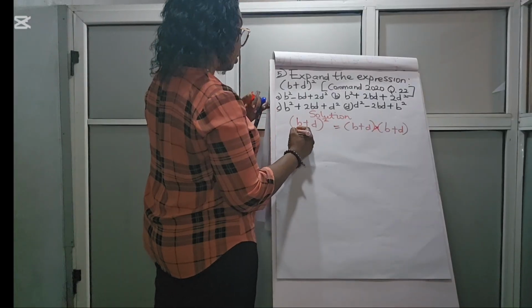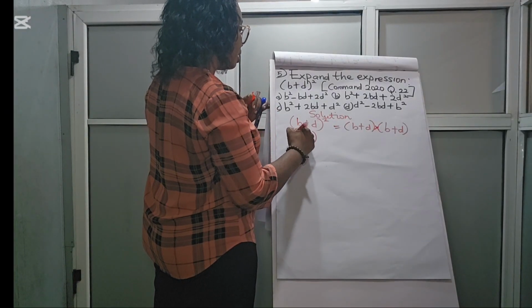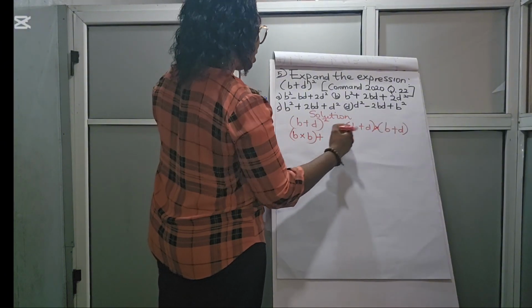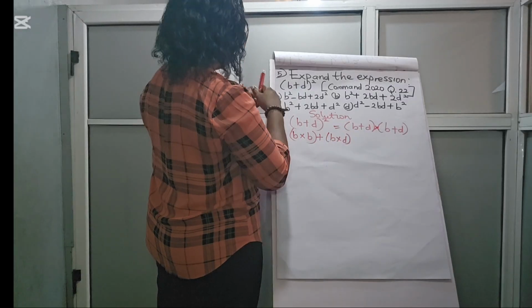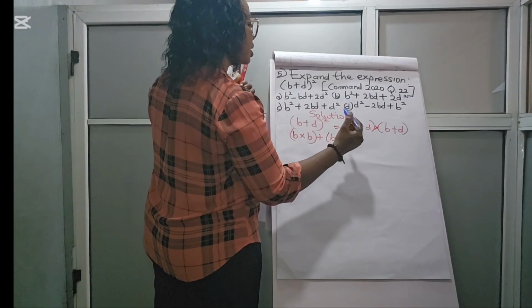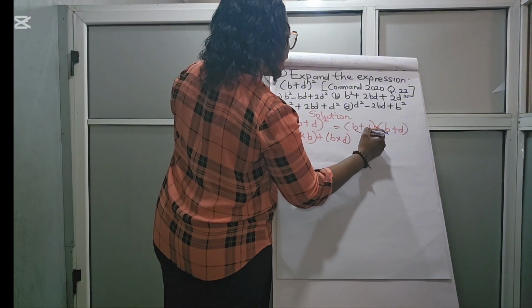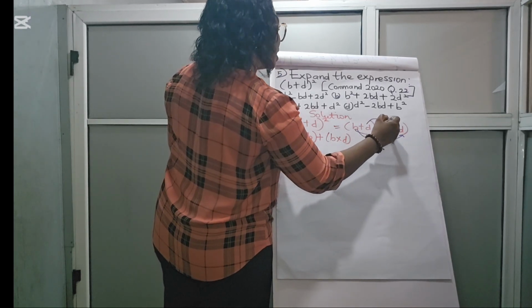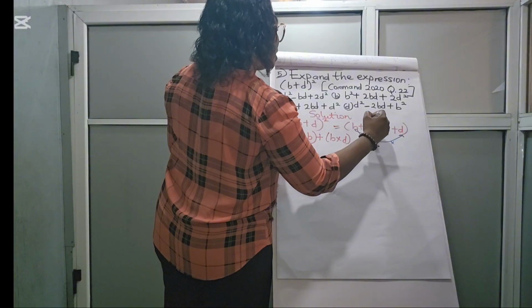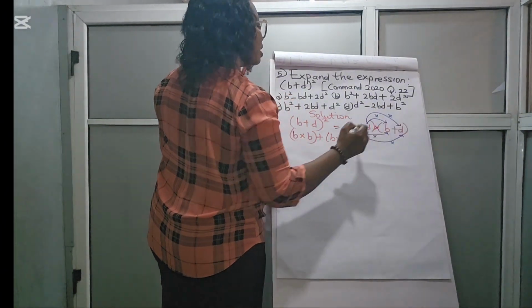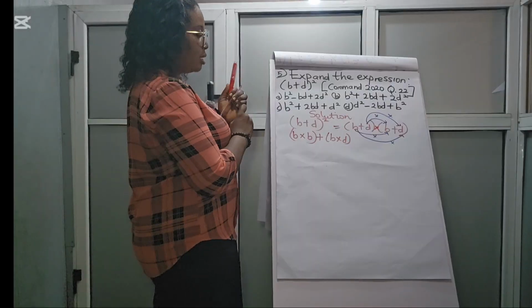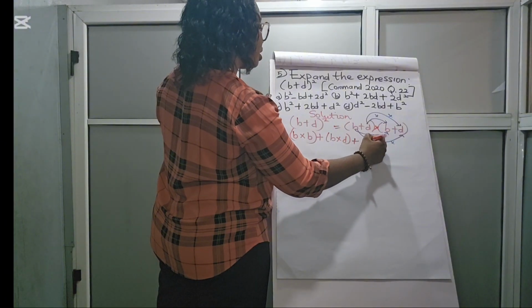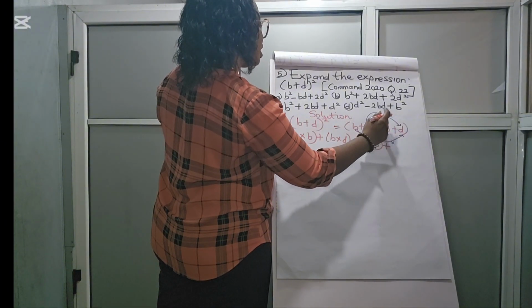B times B plus B times D, and then D times B plus D times D.